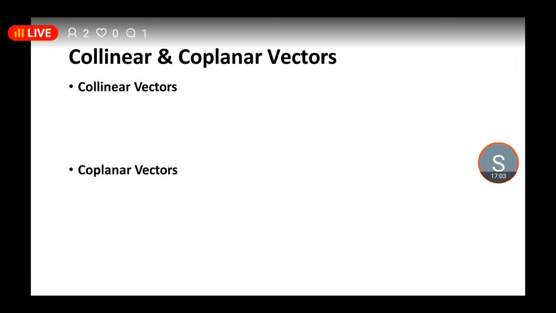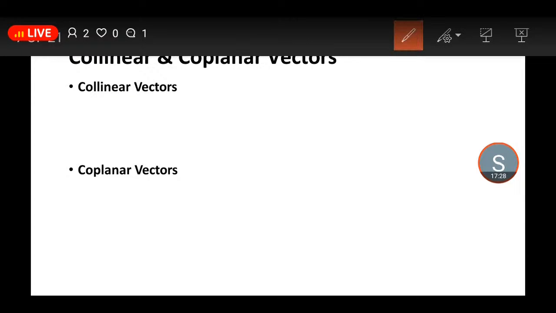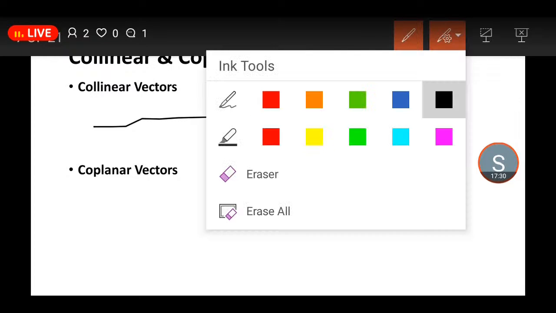And now we'll learn collinear and coplanar. Vectors acting in the same line are called collinear vectors. Why are they called collinear?